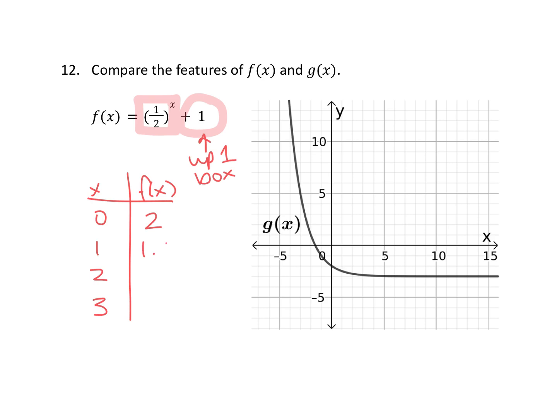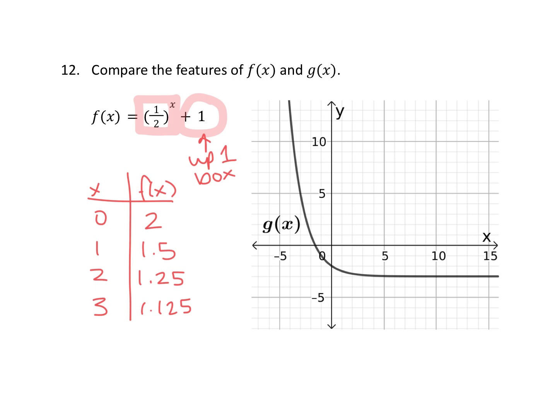Okay, 1/2 squared is 1/4. 1/4 plus 1 is 1.25. 1/2 to the third power is 1/8 plus 1, so 1.125. So it looks like it's getting smaller, which is very similar to g of x, right?